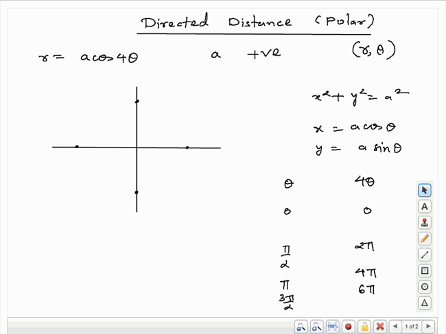But when r is negative, then when will it happen? Pi by 4. When theta is pi by 4, r is minus a. Apply the concept of directed distance. Pi by 4 line would be this line.